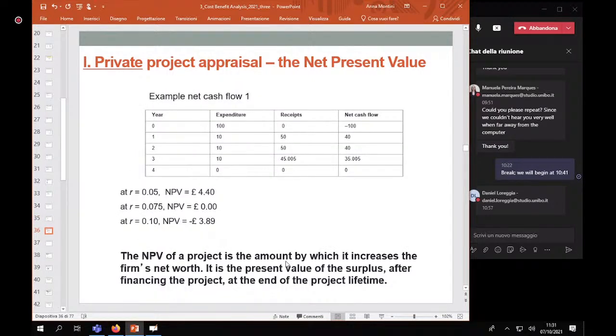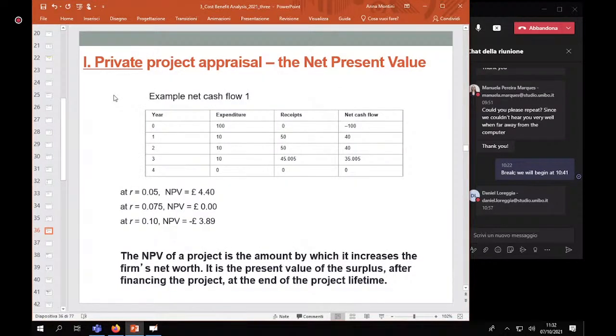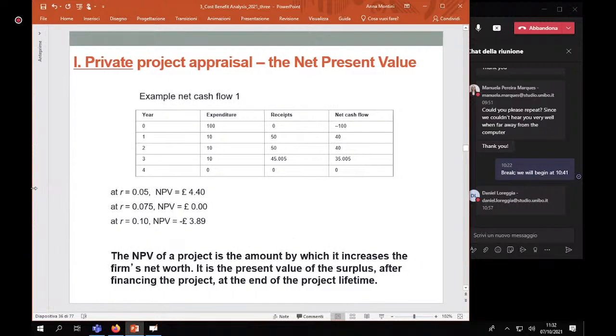Look at this example. A few minutes to look at this and to try to define your considerations. What are your considerations about this slide?